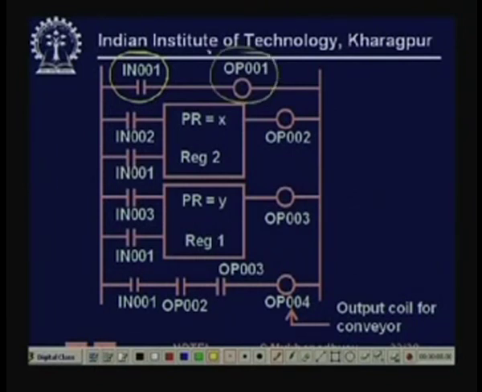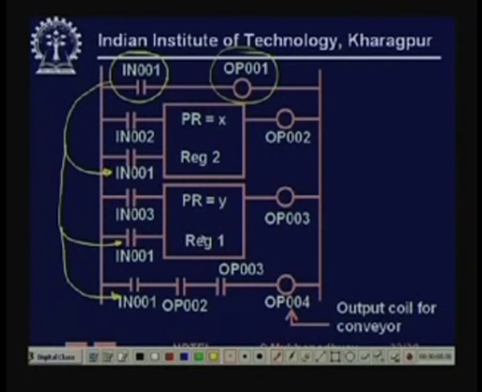Now see that when IN001 is asserted, this IN001 also is asserted, and this IN001 is also asserted, and this IN001 is also asserted. So when this is 0, everything is 0. But when this goes 1, then all these rungs are enabled and both the counters are enabled.